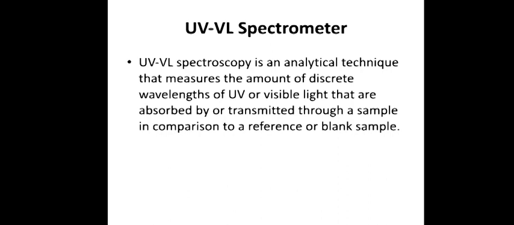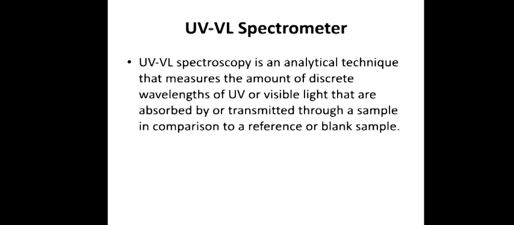You are going to see how much is absorbed or transmitted by using a detector. Then you are comparing it with another blank sample so that you know what has been absorbed and what has been emitted.